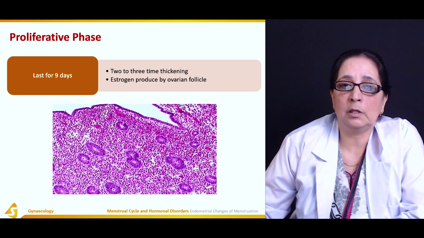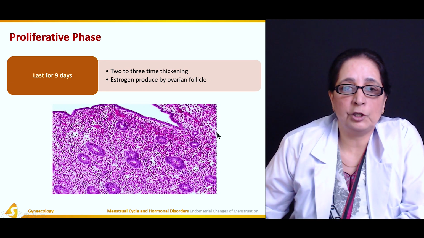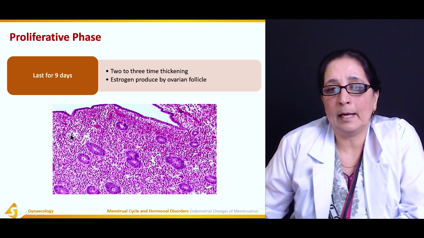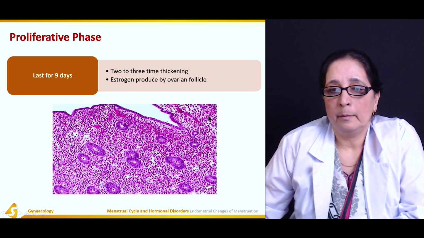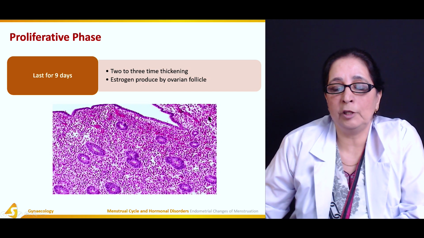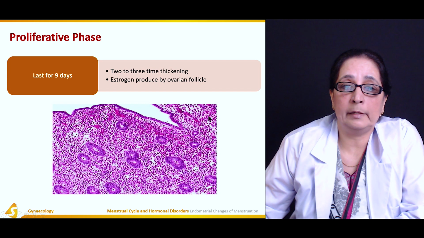We already talked about this, and this ovarian follicle produces the hormone estrogen, which leads to the proliferation of the tissue in the endometrium lining of the uterus, and so much growth takes place that it becomes 2 to 3 times thicker than the normal thickness.